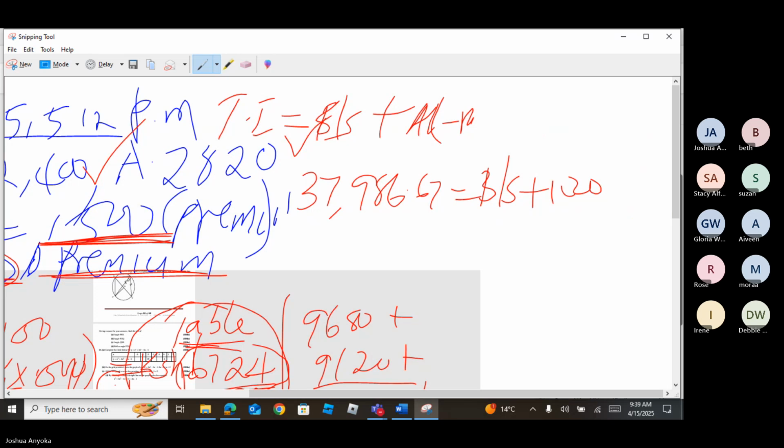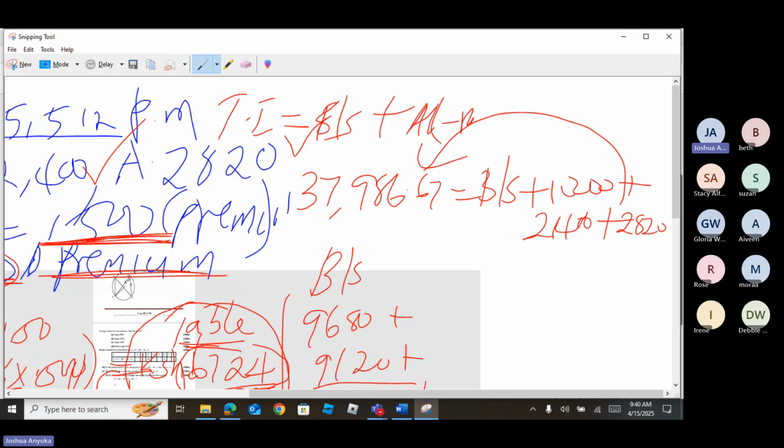Plus another allowance is 2,400 plus 2,820, si ndio? Yes. Tunaleta hizi zote hapa. So basic salary will be equals to 37,986.67 minus hizi zenye umeongeza hapa. And that will be your basic salary.